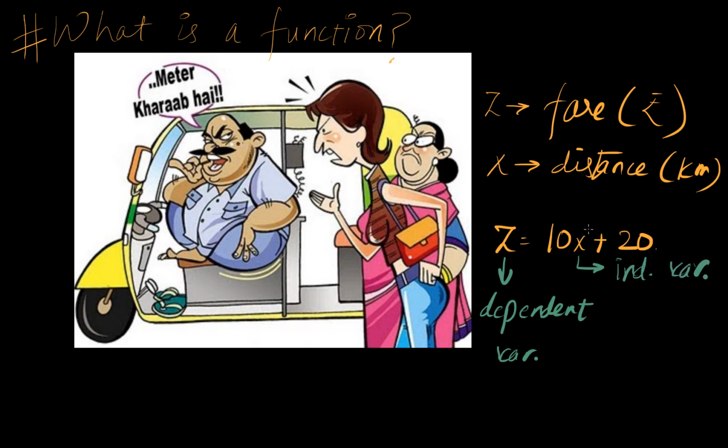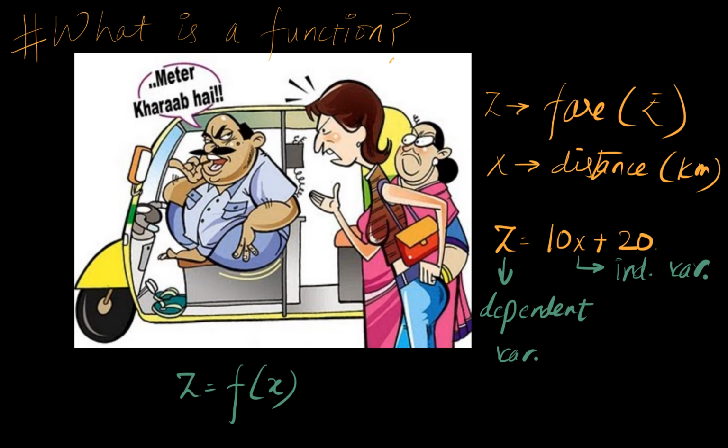So this is how the dependent variable Z depends upon the independent variable X. And in mathematical terms, this is nothing but a function. So we can say that Z is a function of X, which is represented by Z is equal to 10X plus 20. That's what a function is. A function is a representation of how a dependent variable depends upon the independent variables.